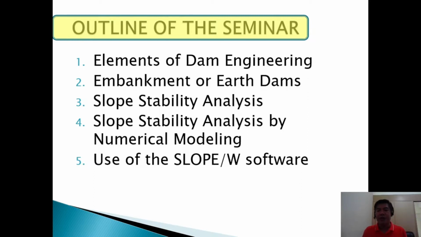But this webinar will be focused only on slope stability. We will discuss how we do the modeling of the dam and the input parameters, then the material model, which is the Mohr-Coulomb analysis. When we talk of the Mohr-Coulomb analysis, it is more on the use of the unit weight, cohesion, and angle of internal friction, the three of which, because the seepage analysis is different modeling, so the material model is also different.